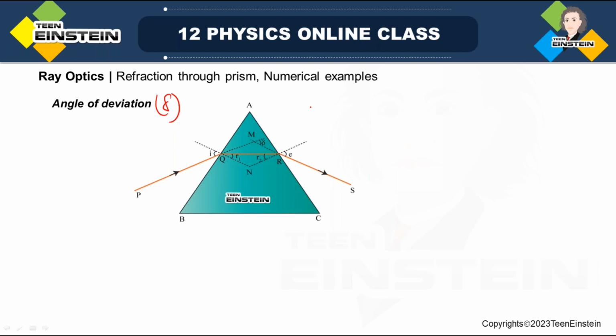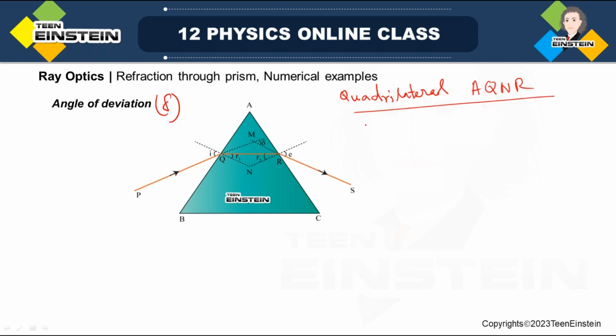We have a quadrilateral in this figure itself, quadrilateral AQNR. From this quadrilateral, what are we going to get? See the angles.